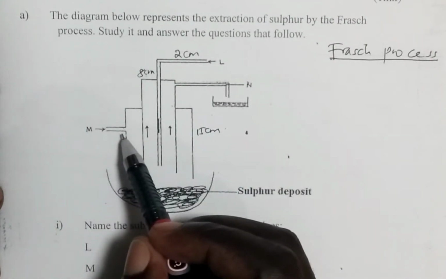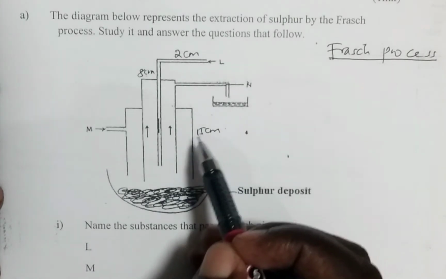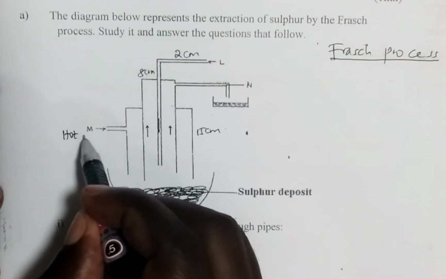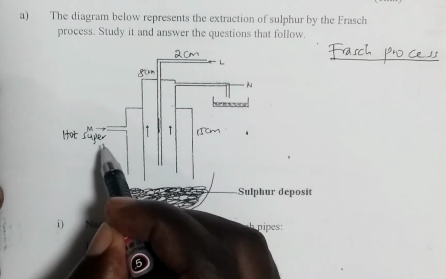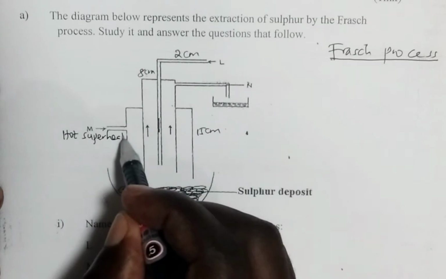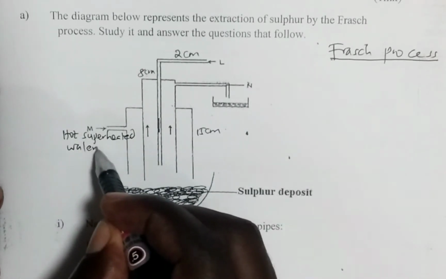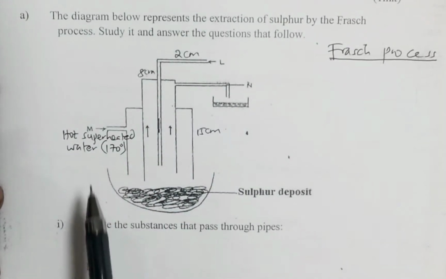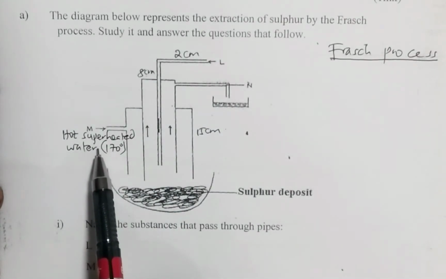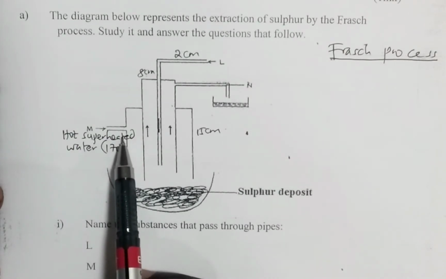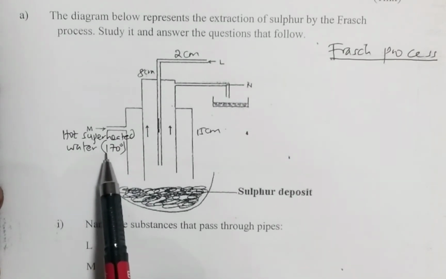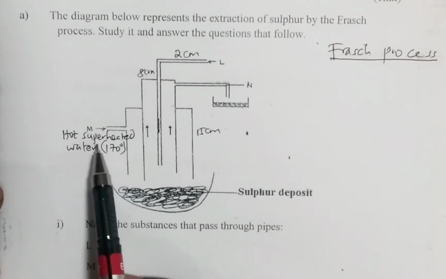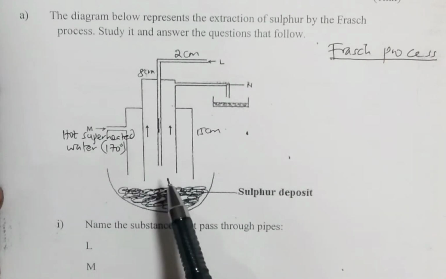The outermost pipe of 15 centimeters in diameter carries hot superheated water at 170 degrees Celsius. Remember, the boiling point of water is 100 degrees Celsius, but this boiling point of 170 degrees Celsius is reached when water is heated under pressure.